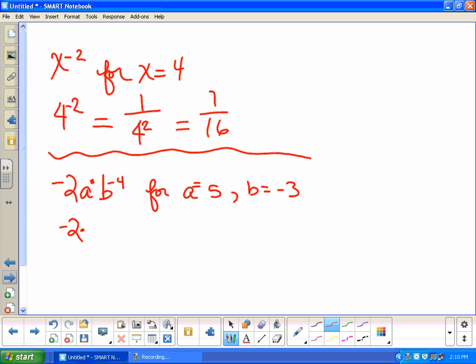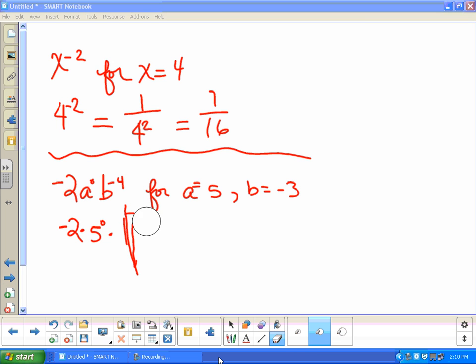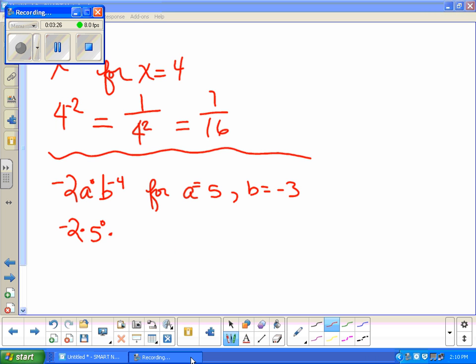So this becomes negative 2 times 5 to the 0 power times b, which is negative 3, so instead of b, I'm going to put a negative 3 in, to the negative 4 power.